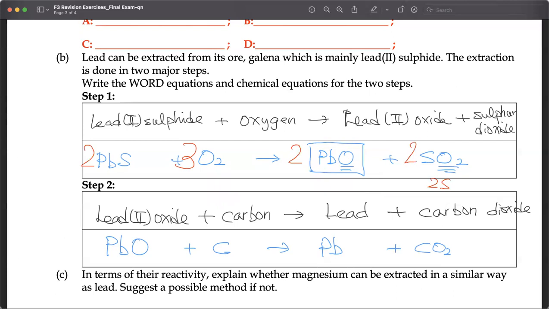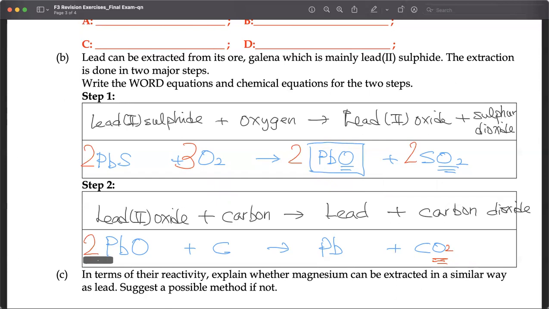So this is the first one, the word equation and the chemical equation. Well, next one, it is about the lead(II) oxide and carbon reacting and then giving out pure lead and carbon dioxide. So another method to balance the equation: can you see that here we have 2 oxygen? So it should have 2 lead(II) oxide as well.